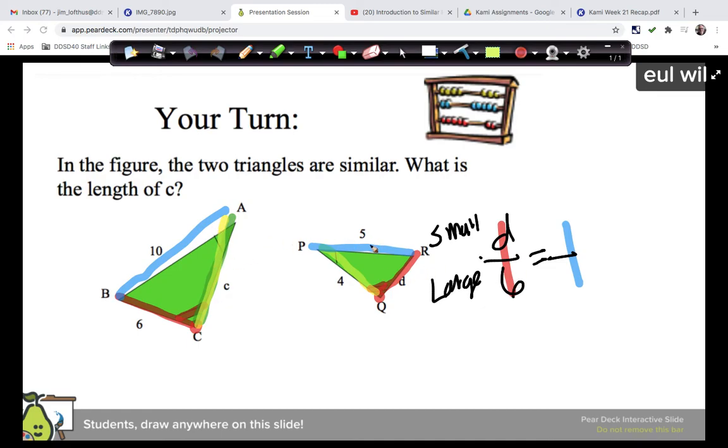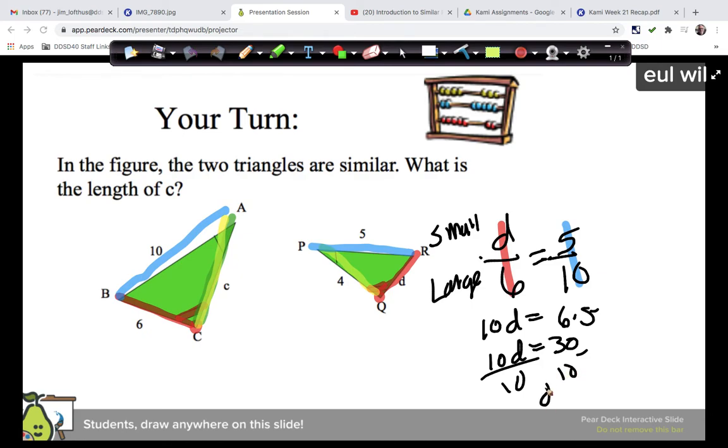This tells me to get the small blue number, which is 5, and the large, look at this direction, large blue number is 10. So that is 10D equals 6 times 5. 10D equals 30. Divide by 10, and D is equal to 3. So this D is equal to 3.